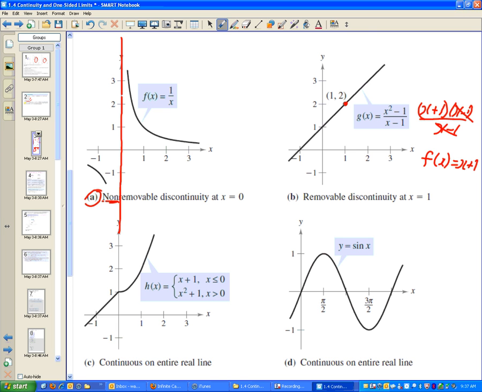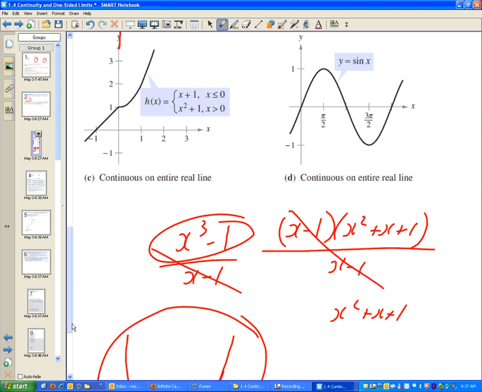Okay? All right. Graph C is continuous everywhere, so it's continuous for all real numbers. It's continuous from negative infinity to infinity. It's continuous on the entire real line. It's everywhere continuous, even though it's a piecewise function, defined in two pieces. Because look, the top piece, x plus 1, that's a line.